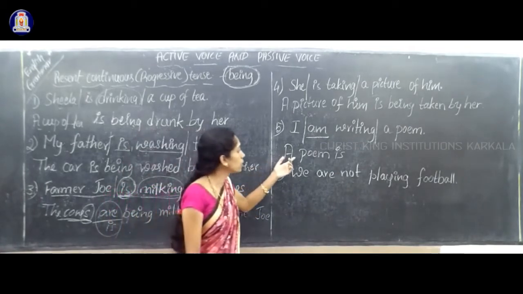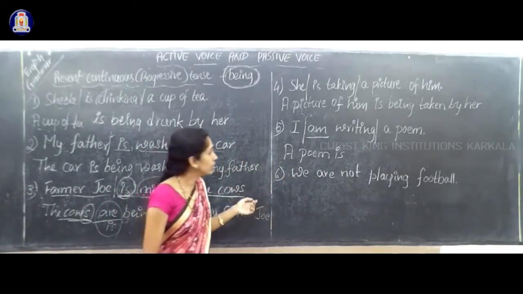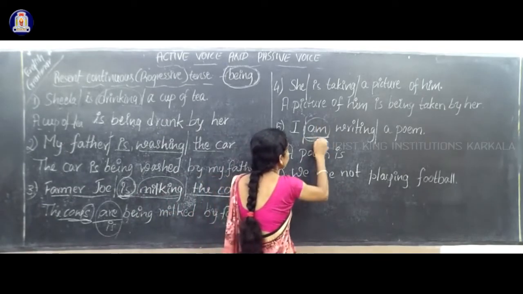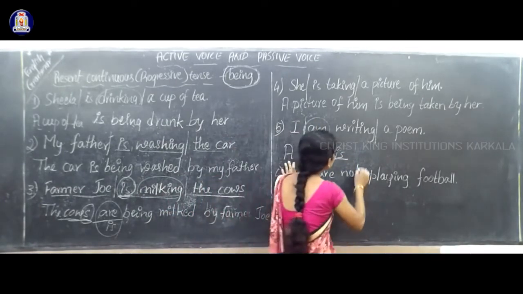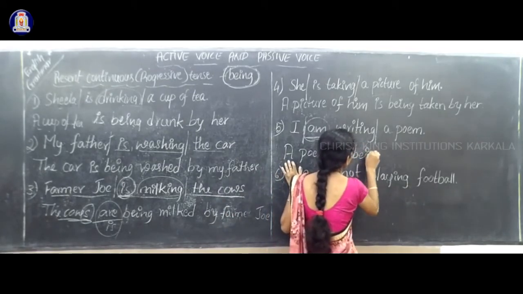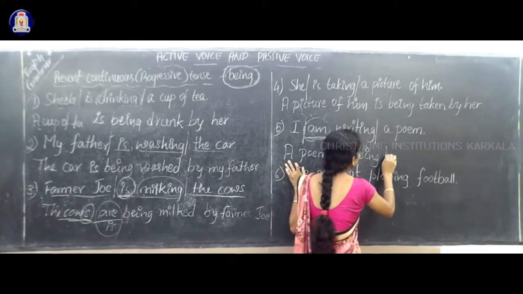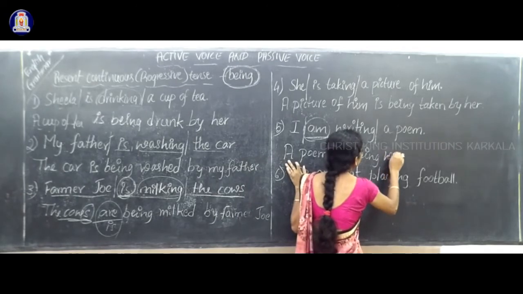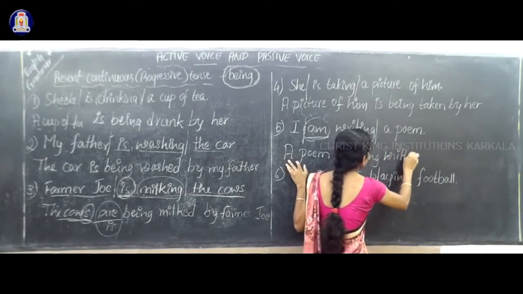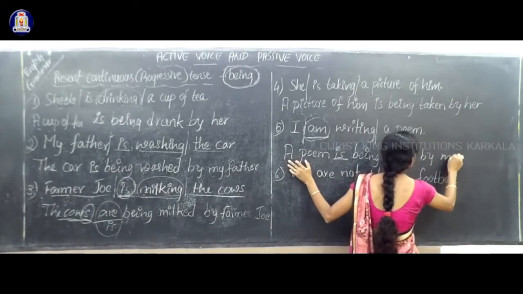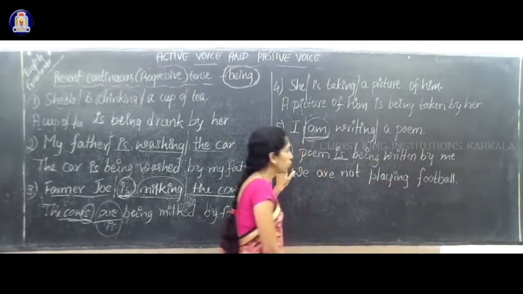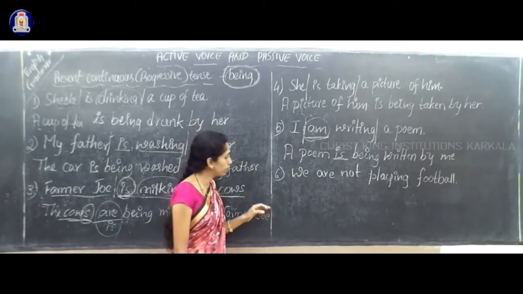So here also, a poem is. Instead of am we are using is. A poem is being written by me.